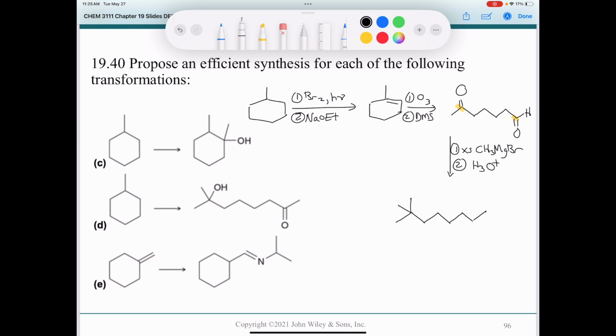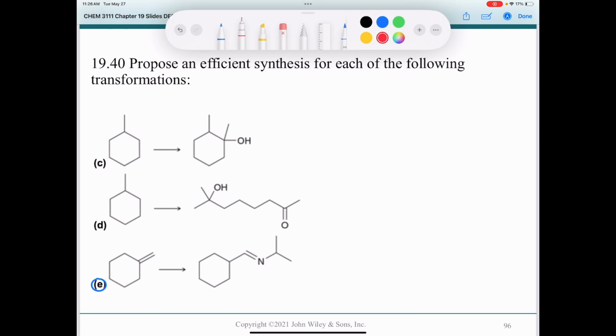So then I'm going to have my hydroxyl group here, and I'll have a hydroxyl group here. But then to oxidize this alcohol, which is secondary, back to the ketone, all I have to do is treat it with some PCC or chromic acid, what have you. Let's use chromic acid for a change. So sodium dichromate, sulfuric acid, and water, and there's your synthesis.